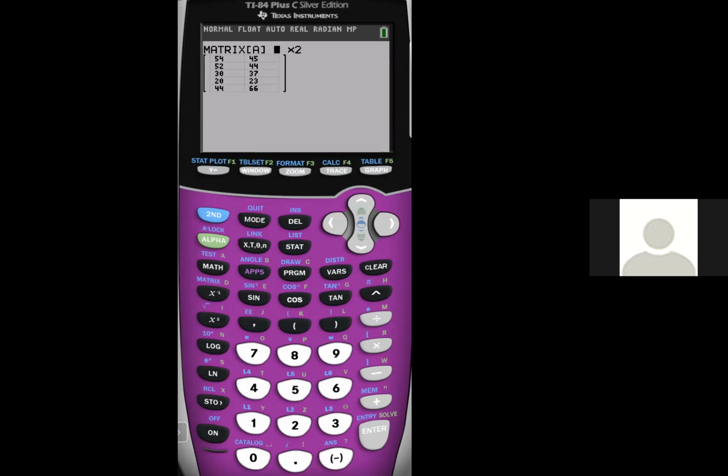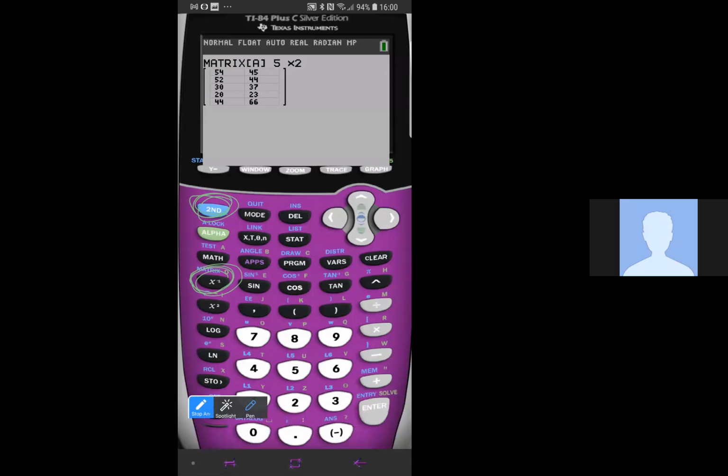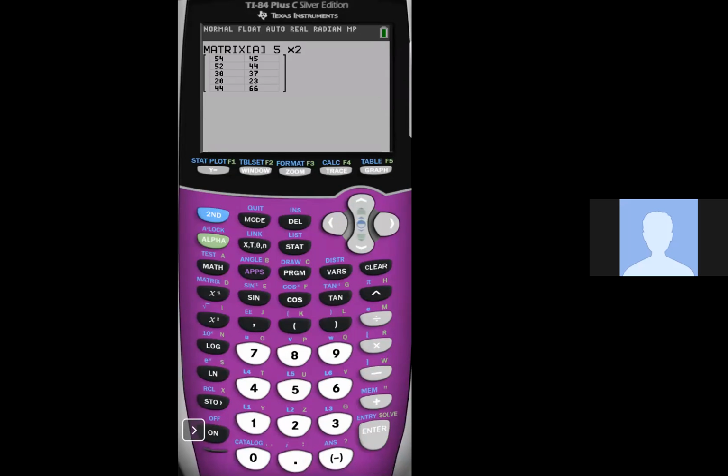Second matrix: there are 2 keys, then go to edit, and then hit matrix A. After you finish, use second mode to go back to the home screen.